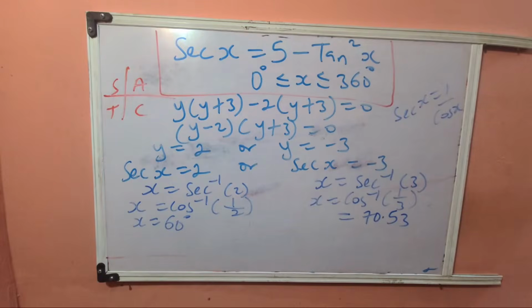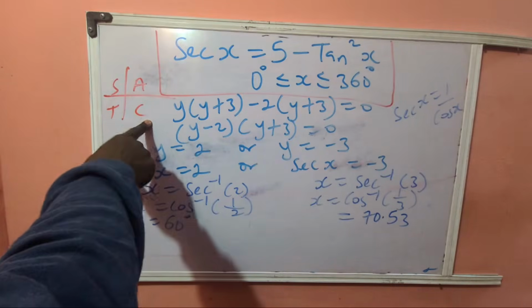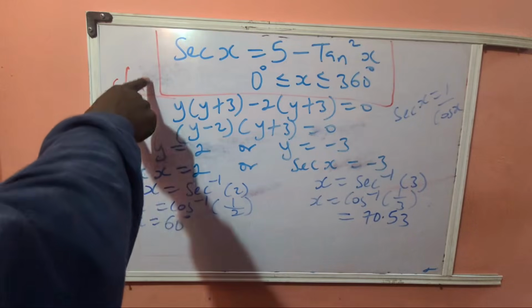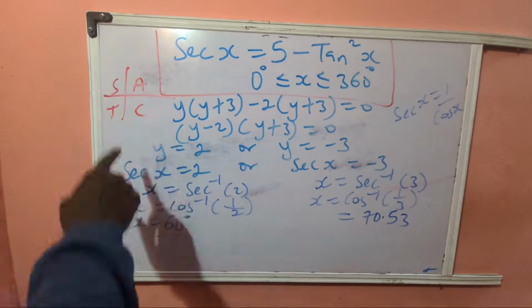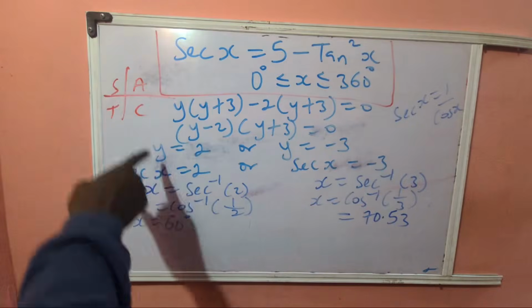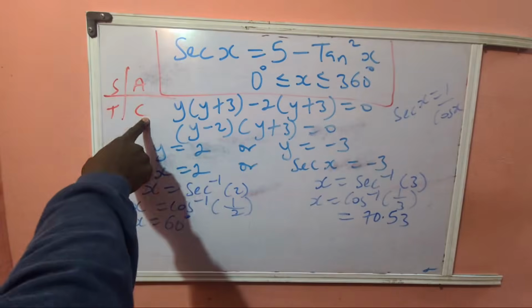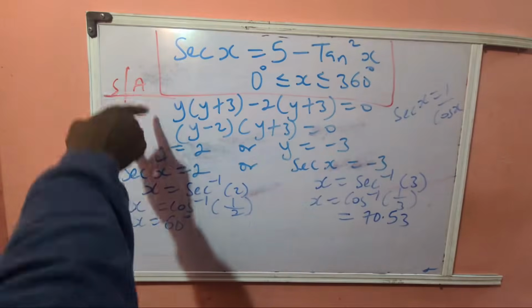In this case, I'm deciding to go anti-clockwise. So we're dealing with cos. Cosine is positive in both first and fourth quadrant, and sec is also the same.